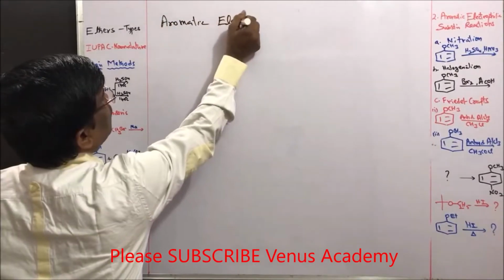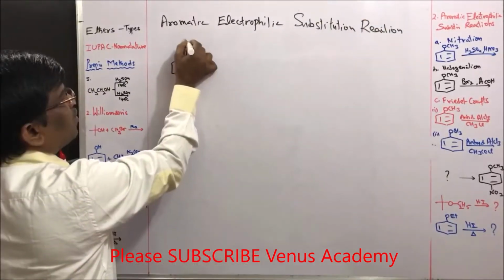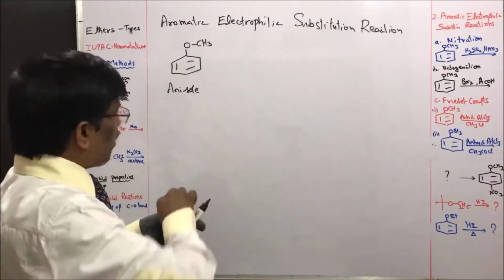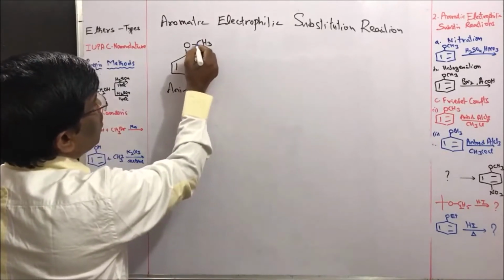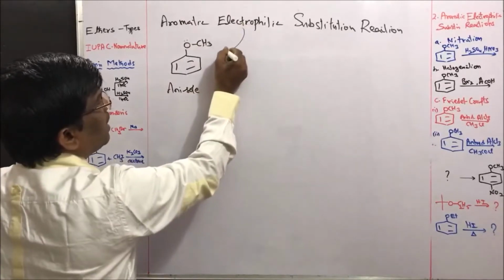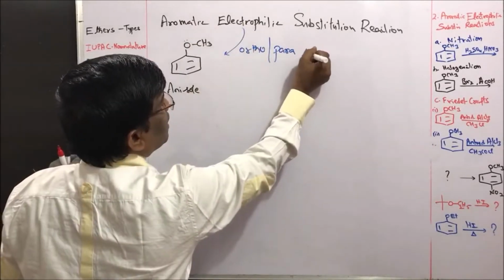Aromatic electrophilic substitution reactions. Anisole, methoxybenzene, or methyl ether of phenol. What is the orientation of this methoxy group? The methoxy group is an ortho, para directing group, orienting the incoming electrophile to the ortho or para position.